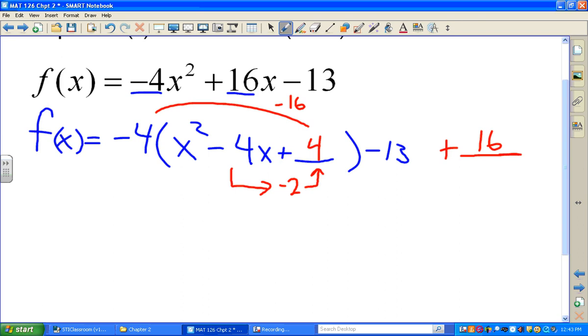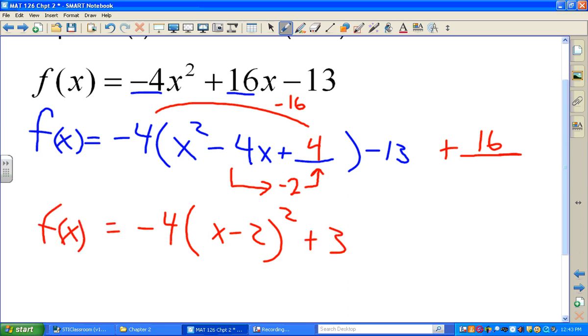I have a -4. I have an x minus 2 squared with a plus 3. That equals f of x. Since I actually added a -16, I have to add a positive 16 for the 0. So this parabola has a vertex at 2 and 3.